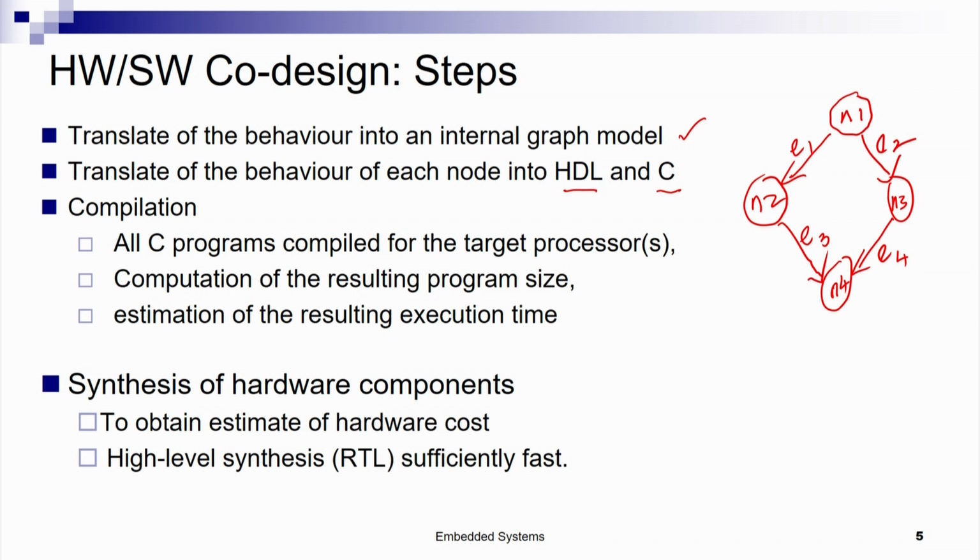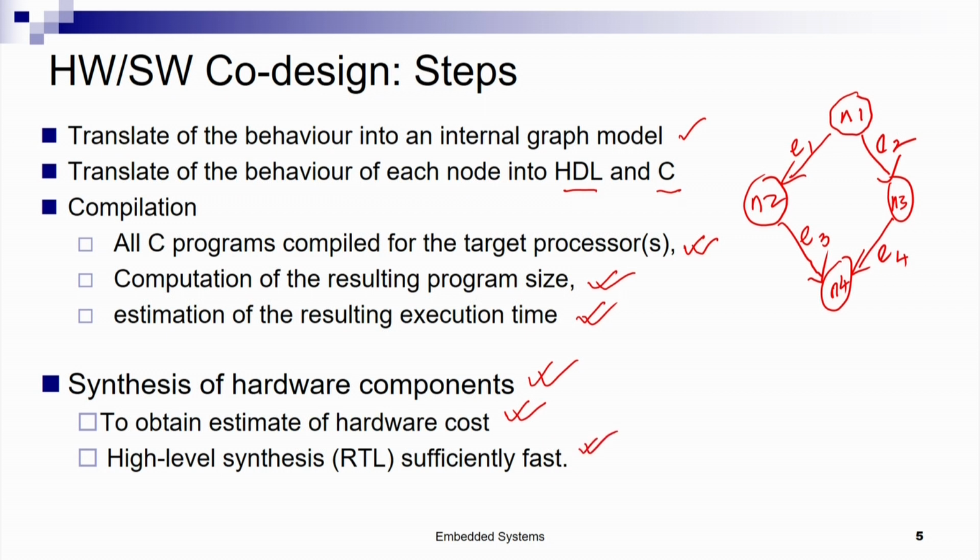Then we compile all C programs on the target processors available. We compute the resultant program size, estimate the resulting execution time, etc. So, various cost parameters we obtain, and for the same functionalities we also synthesize the hardware components. We obtain an estimate of the hardware cost and we do a high level synthesis, which is sufficiently fast.